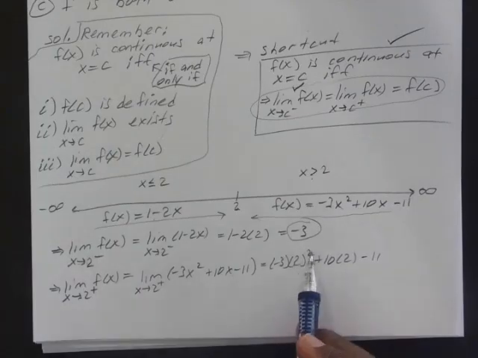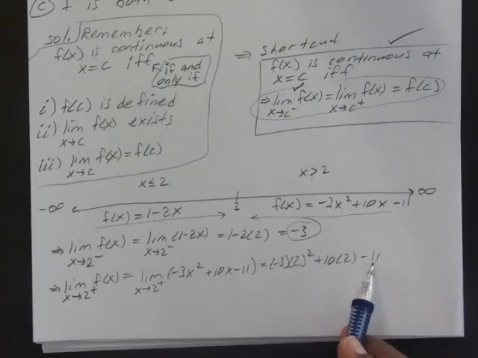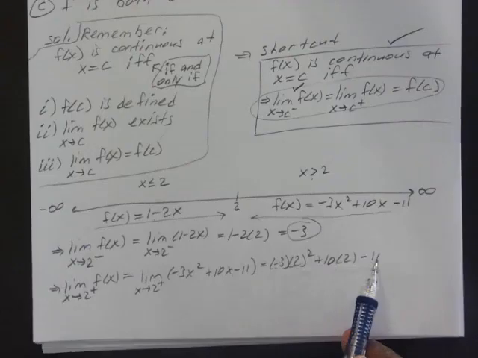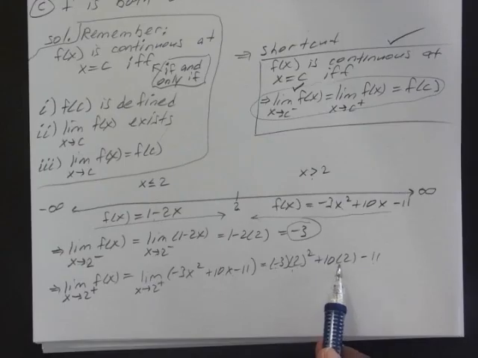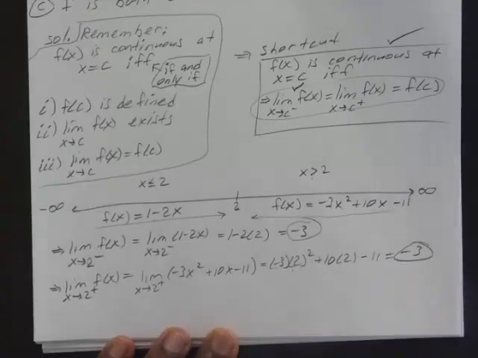So 2 squared is 4 times 3, so that's negative 12 plus 20 minus 11. Negative 12 plus 20 is positive 8. 8 minus 11 is negative 3. There we go.